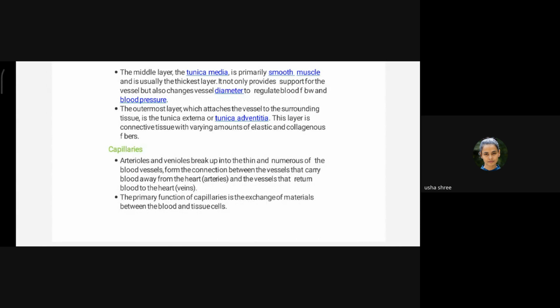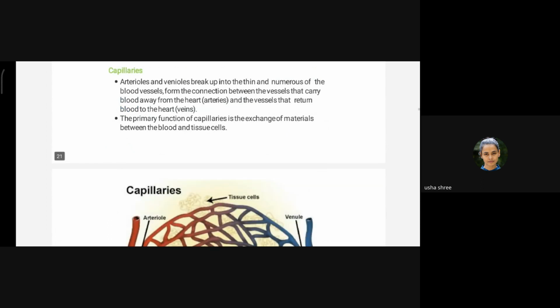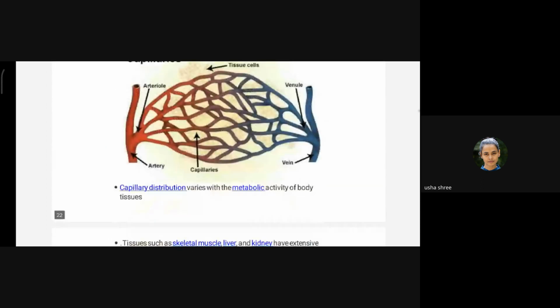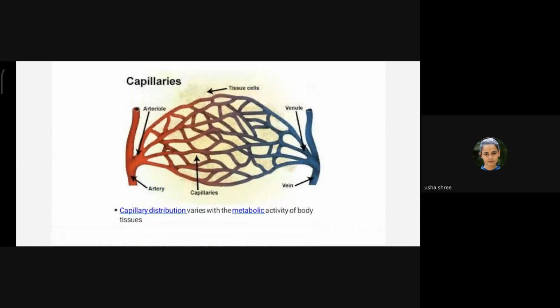The primary function of capillaries is exchange of materials between blood and tissue cells. Now you can see how capillaries are divided: arterioles, tissue cells, venules, artery and vein.